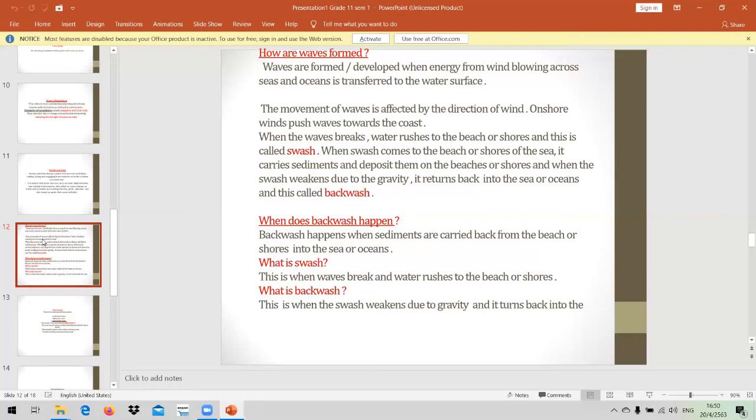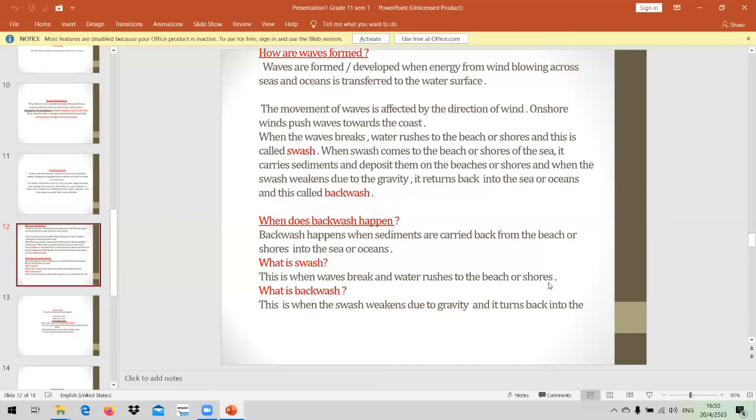What is swash? This is when waves break and water rushes to the beach or shores. The wave breaks off, but what will the water do?